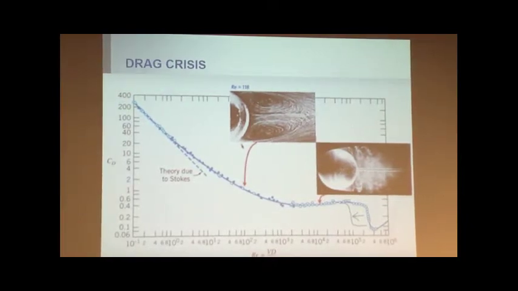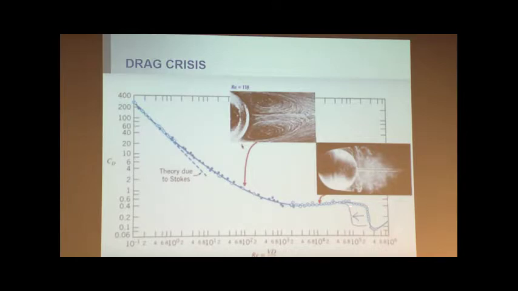So the way the coefficient's plotted, it should go down linearly here in what's known as the Stokes flow regime. Then there's some transition, and it should be constant here. And this is the drag coefficient. This is the coefficient of proportionality between the square of the velocity and the actual drag force that's exerted on the body. Okay, so this is what you expect, and you want to measure this number.